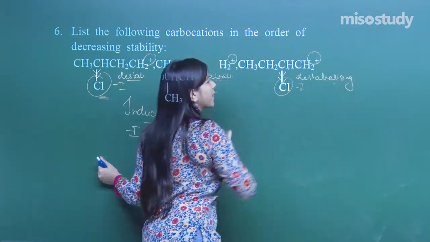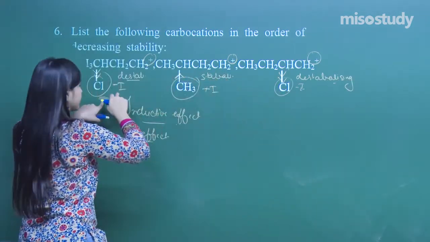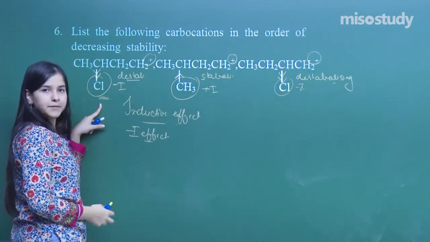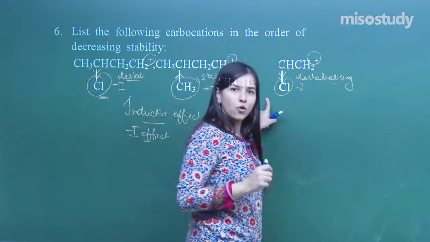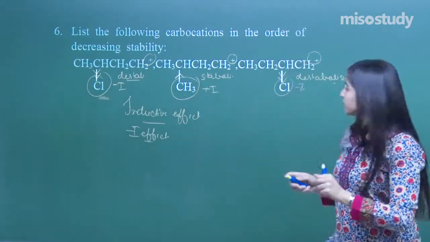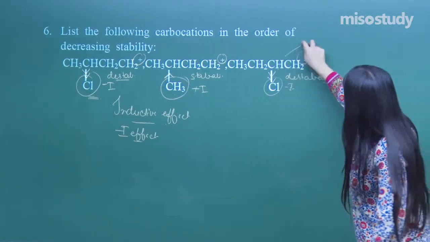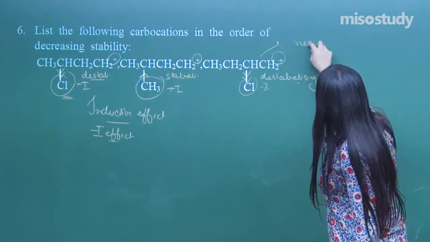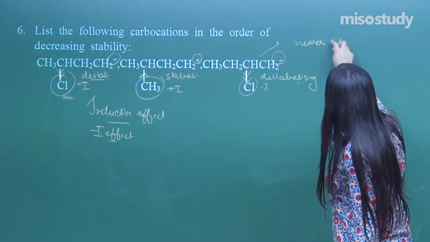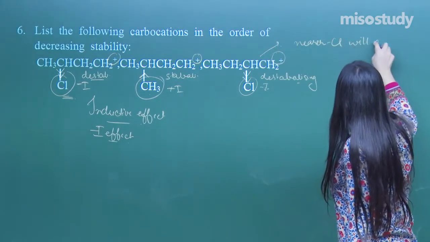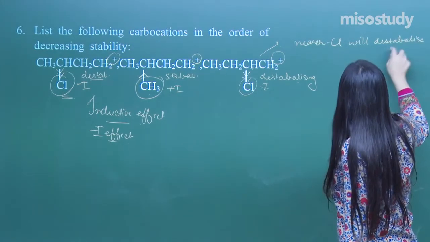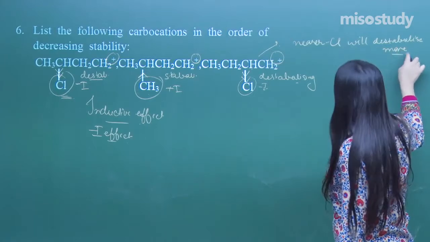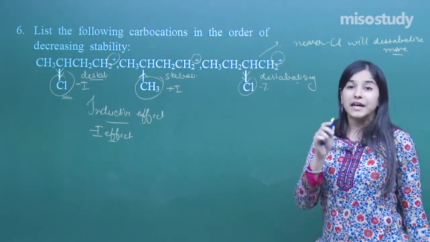Now moving on to the two chlorines, which will be more destabilizing, the one which will be nearer. Inductive effect is always dependent upon the distance, we know, right? So here the nearer Cl will destabilize more, and this completes my answer, which will be the most unstable one.